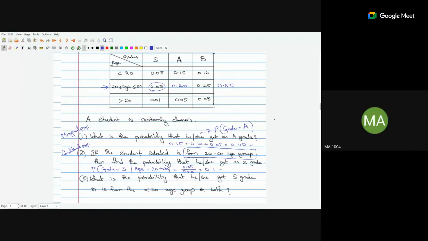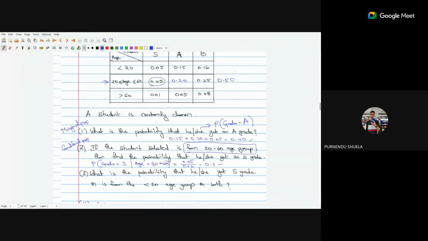Think about it. Sir, I guess we should take the marginal of S grade plus the marginal of less than 20 plus both. The union probability. Okay, is it this?